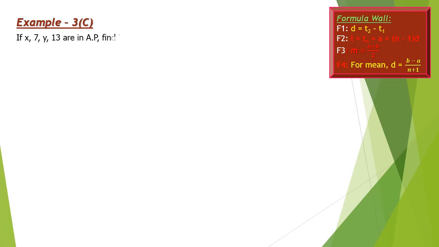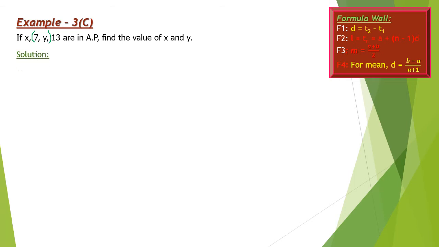Now this is the interesting question. Now the extreme value x is unknown, and here also we can clearly see x is the first term and 13 is the last term, and between these x and 13 there are 7 and y, these are the means.